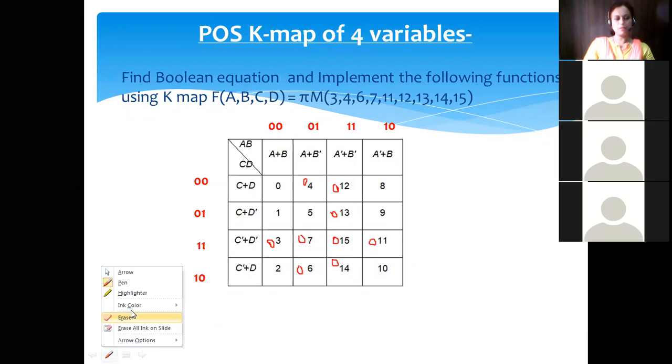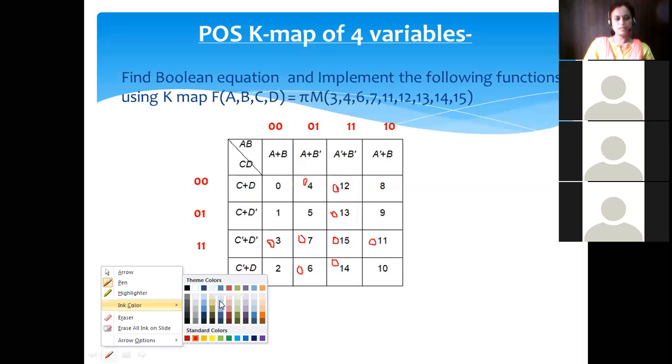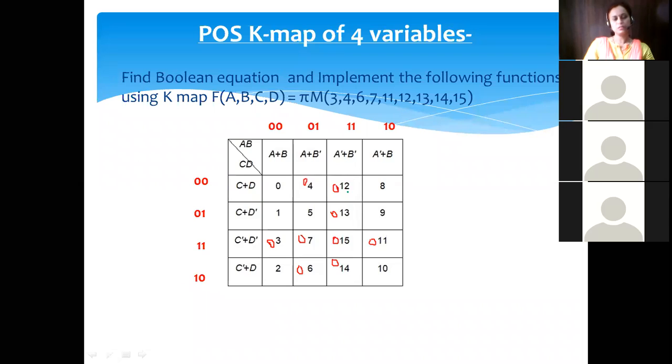Now we are going to combine these 0 values in the form of either octet, quad or pair. First of all, what is our first choice always? We have to see whether we are able to form an octet or not. Is there any octet possible? No, ma'am.